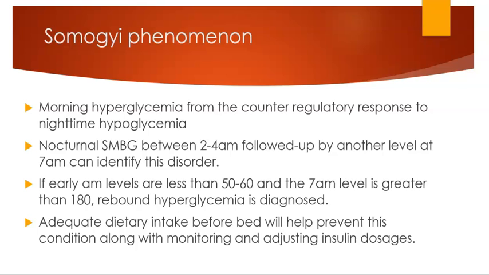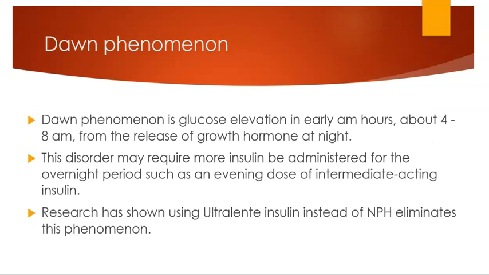And then when they wake up in the morning, they're going to have a glucose level of like 225 or something. So when we think about Somogyi, it's rebound hyperglycemia, meaning somewhere in the middle of the night, their blood sugar gets really low, their body compensates, and they wake up with high glucose. That can be prevented by giving them a sandwich or something to eat prior to bed.